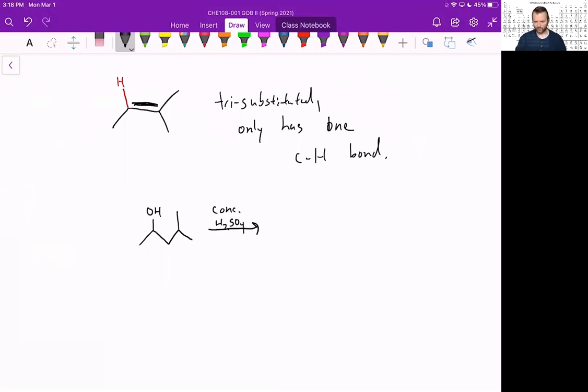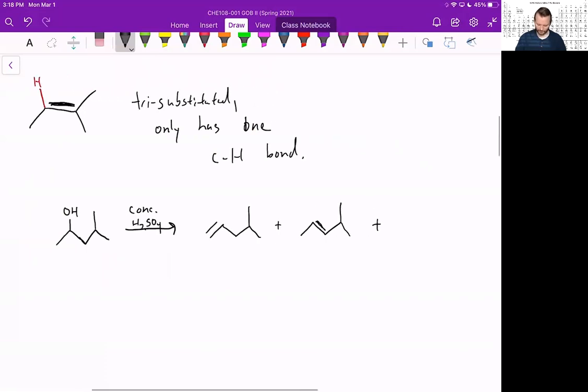Step 1 is just to draw the two possible products. The double bond can either go here or there. It has to go to the left or to the right of the carbon that's got the hydroxyl bonded to it. And then of course water.